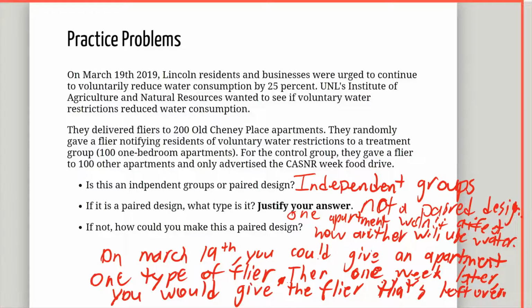And you could compare that apartment's water consumption the first week with the water consumption that was in the second week. See if the first week had a difference between the second week. So you can see right here, this will be a repeated measures design, since an apartment will do both tests.